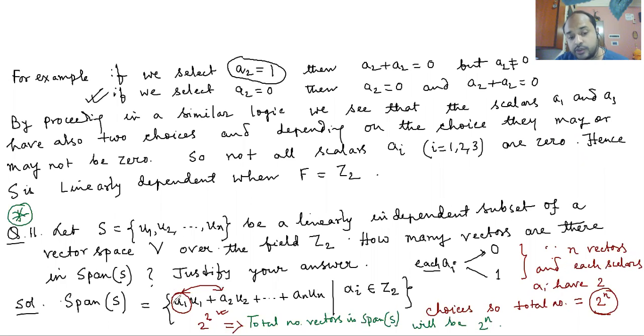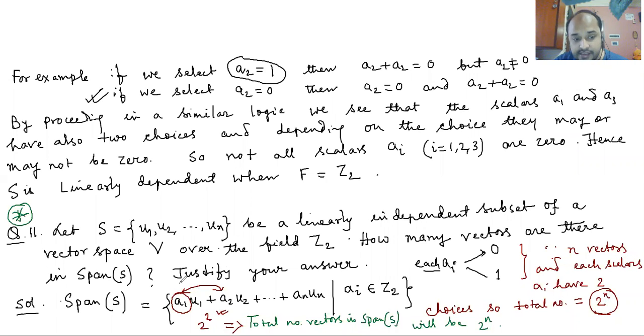If the first two scalars can be chosen in two square ways, for each of these choices, the third scalar can be chosen in another two ways. So the first three scalars can be chosen in two cube ways. In this way, if we go up to n vectors, the total number of ways by which the scalars a1, a2, an can be chosen is 2 to the power n.